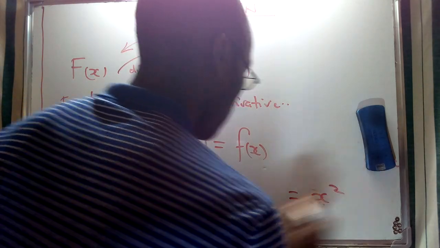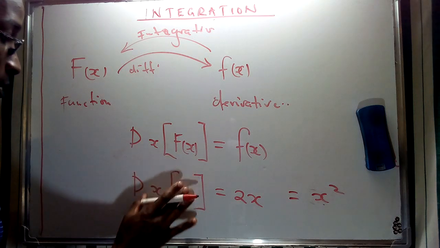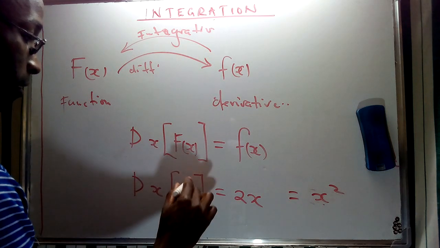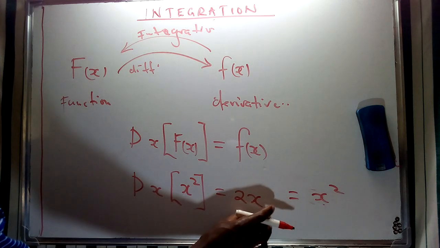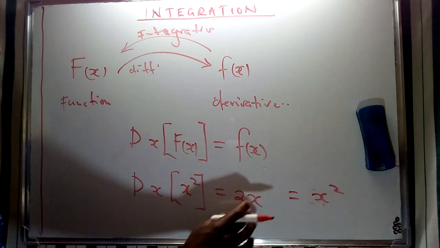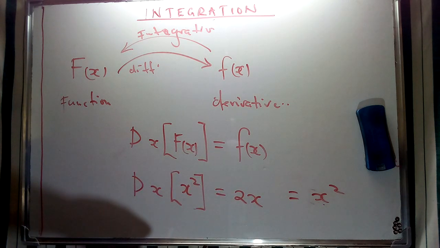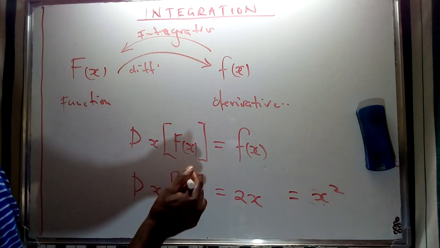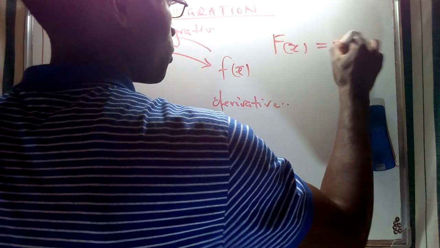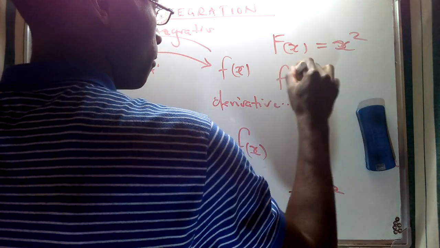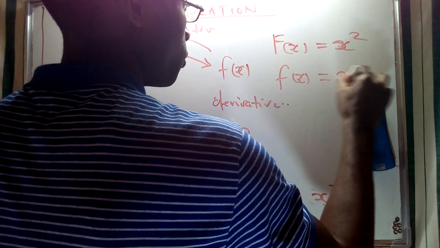And therefore, we can indicate this as x squared. The derivative of x squared is going to give us 2x. In our case here, the function f(x) is going to be the square of x, and then f'(x) is going to be 2x.